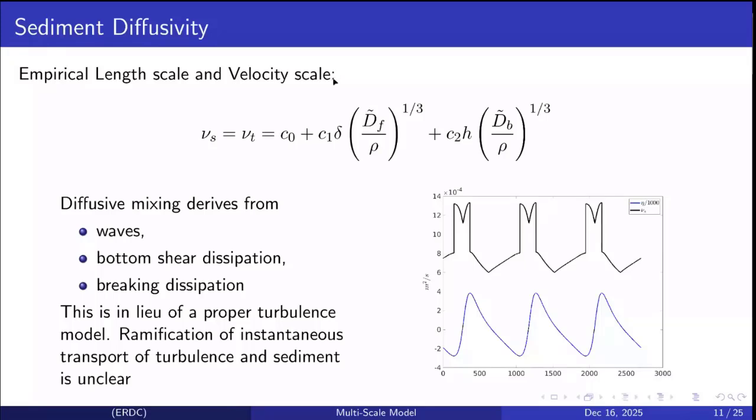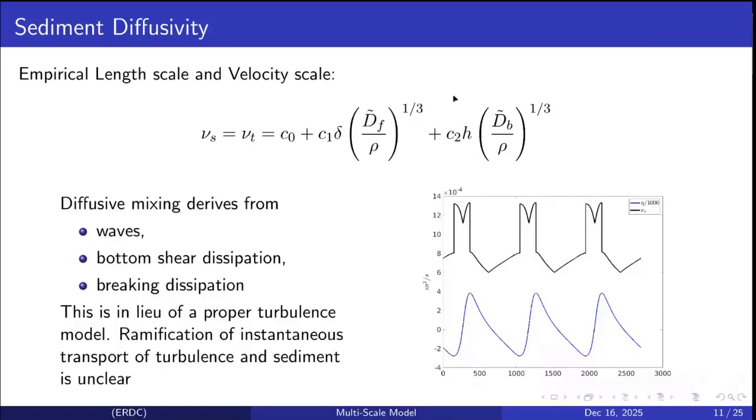And then you need a length scale. So the first is the boundary layer. This is the length scale for the part that derives from the bottom shear dissipation. The total depth is the length scale that derives from the breaking dissipation. And then you've got three empirical coefficients.